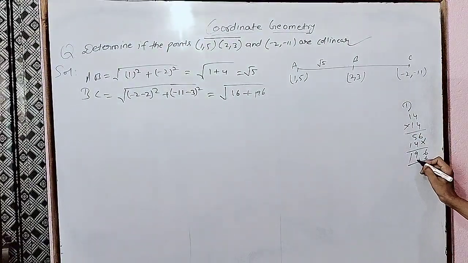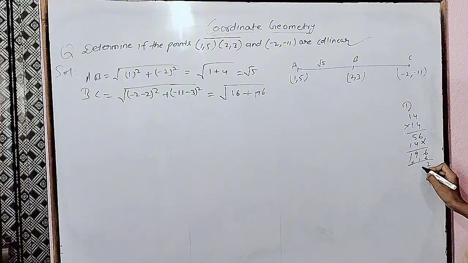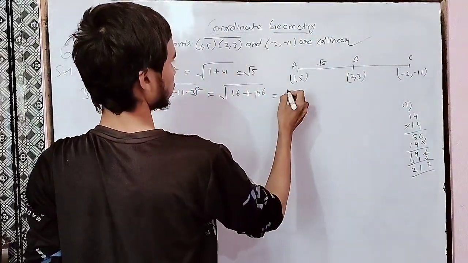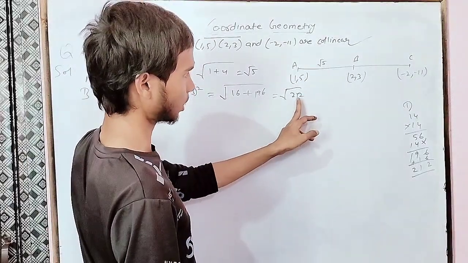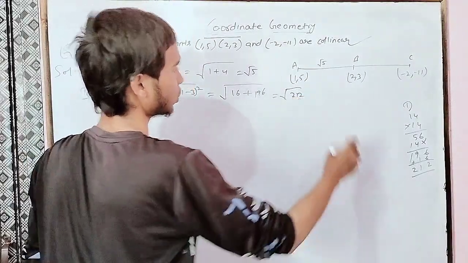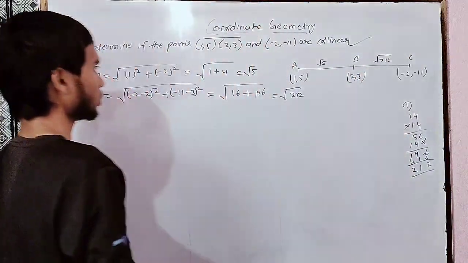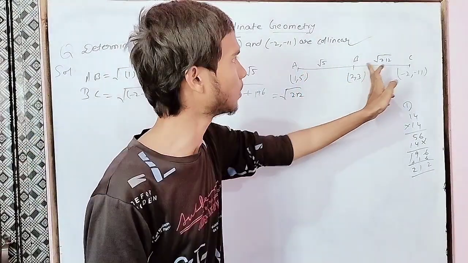So 16 plus 196 is 212. You can factor it, but for now this is 212. Now we have found the distance between AB and BC.